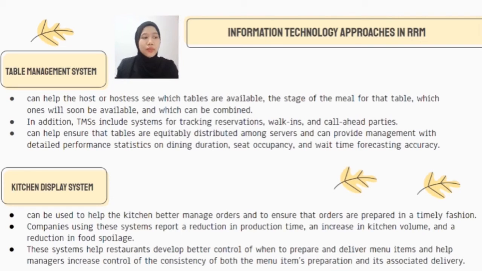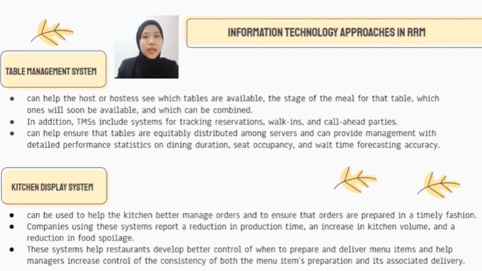Okay, so next system is kitchen display system. This system can be used to ease the kitchen, to manage the orders, and to ensure that the orders are prepared in the timely fashion. And this system also can help the restaurant to reduce the production time, and also help in reduce the spoilage of food.